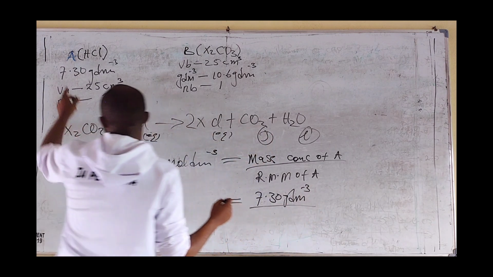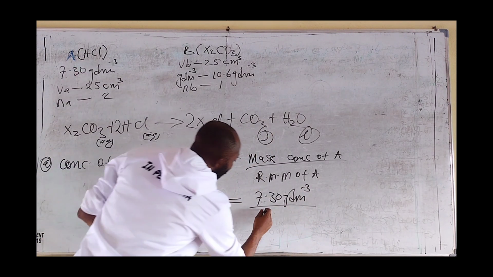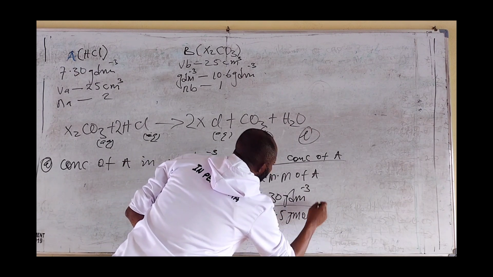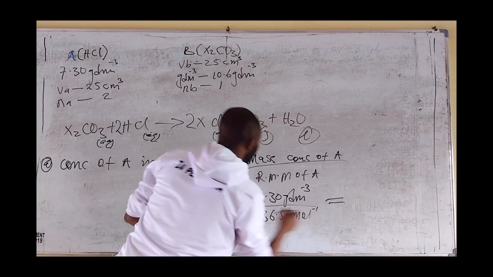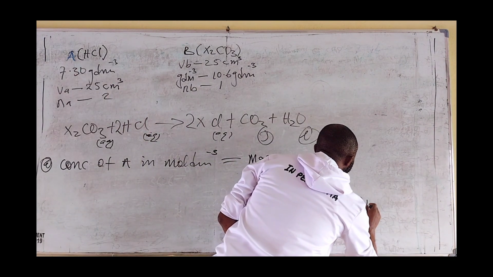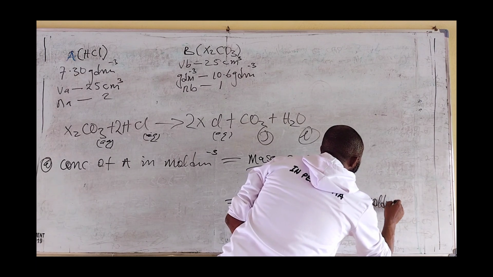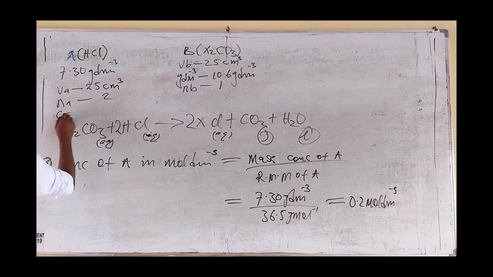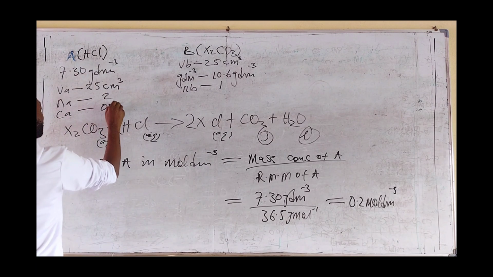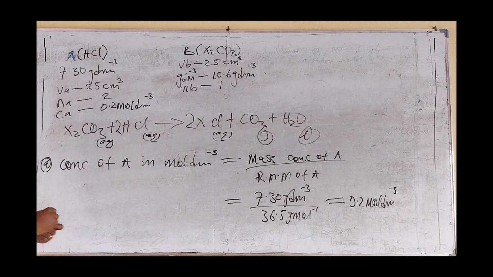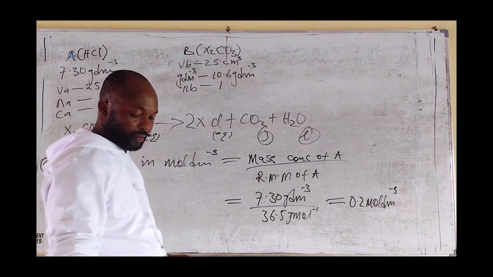The relative molecular mass is 36.5 g/mol. So this is equal to 0.2 mole per dm cube. So I'll come back here. My CA is 0.2 mole per dm cube. I've gotten that of A.